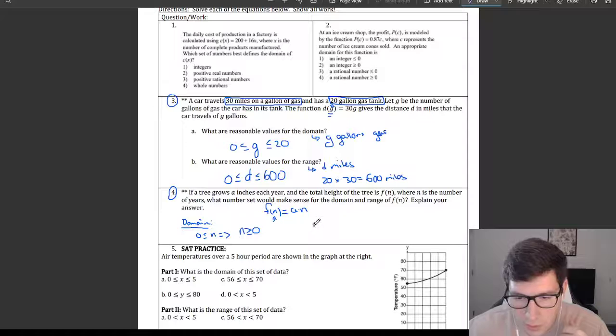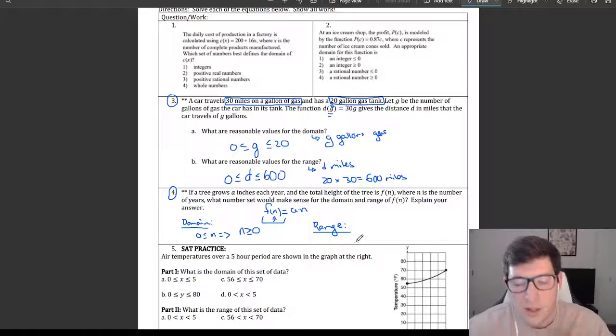And for our range, well, for my range, I know I'm looking at f of n, right? I'm looking at this as a whole, because this as a whole is our output. And so once again, it makes sense that we can't really have negatives here. We can't have a tree that's negative 2 inches tall. Once again, doesn't make sense. So when we're looking at range and we're looking at height, we're going to have a similar restriction.